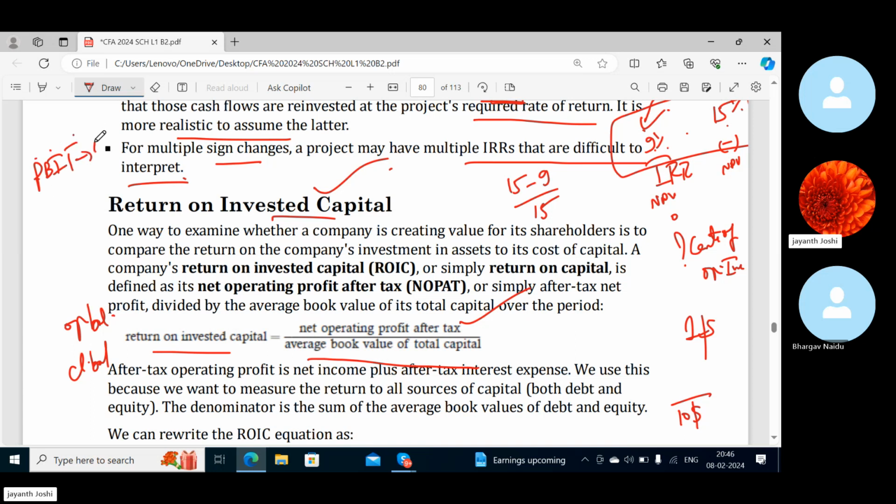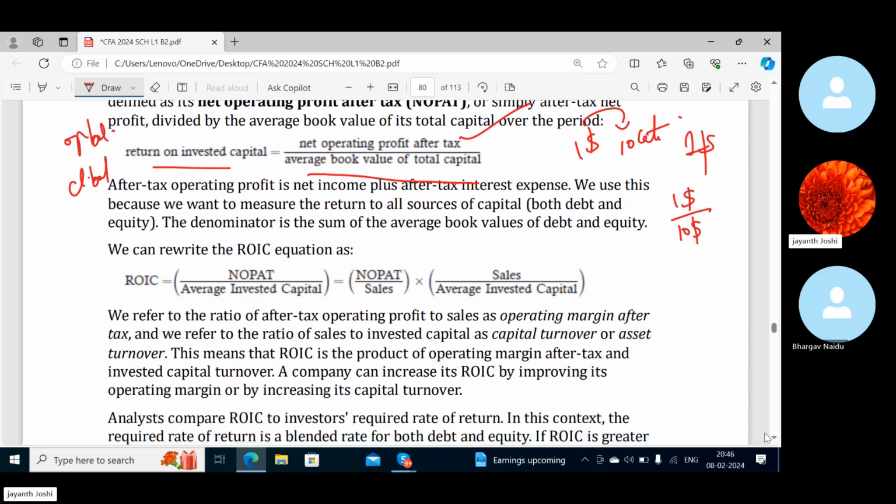This is called operating profit. But you have to remove the tax, and then you get operating profit after tax. Let's say that is $1. So on $1 investment, you've got 10 cents. That is the interpretation. Fine. If it is more than the previous year, that is always appreciated.